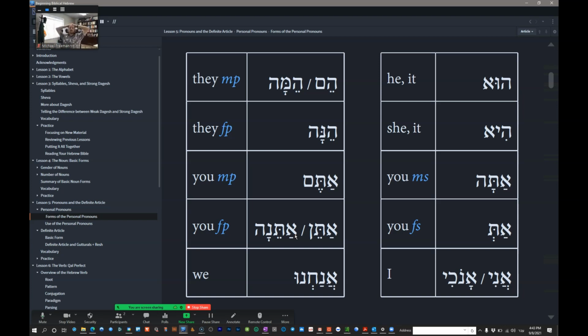So it wouldn't make sense to list it first person, second person, third person, where you've got a really complicated form at the top and then they get simpler as you go down. In Hebrew, we start with the third person because it's the most simple, and then we build for the second and the first person. That's why he lays this out with third person on top, then second person, and then first person.